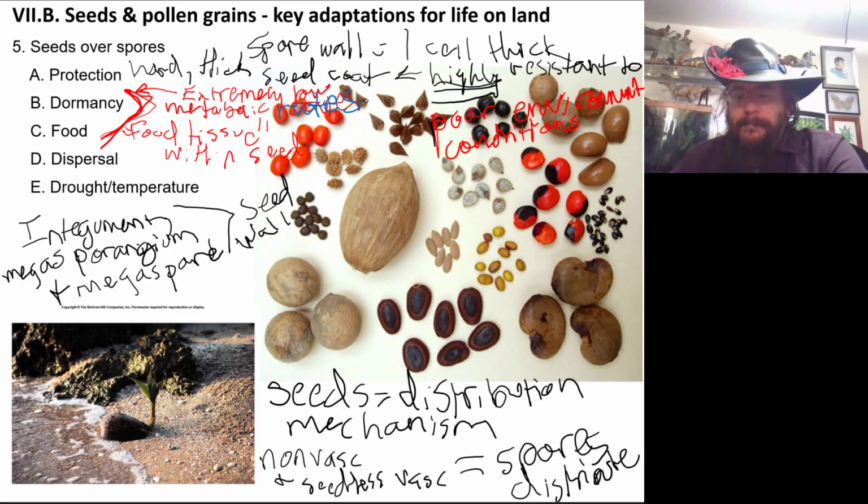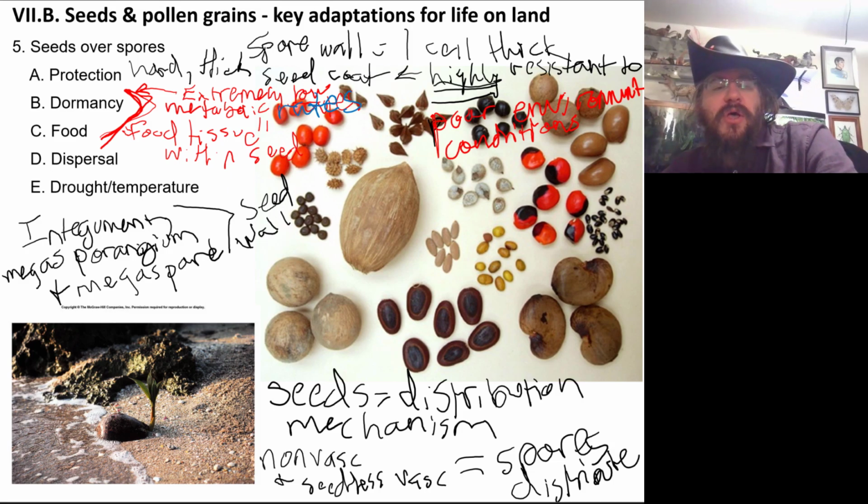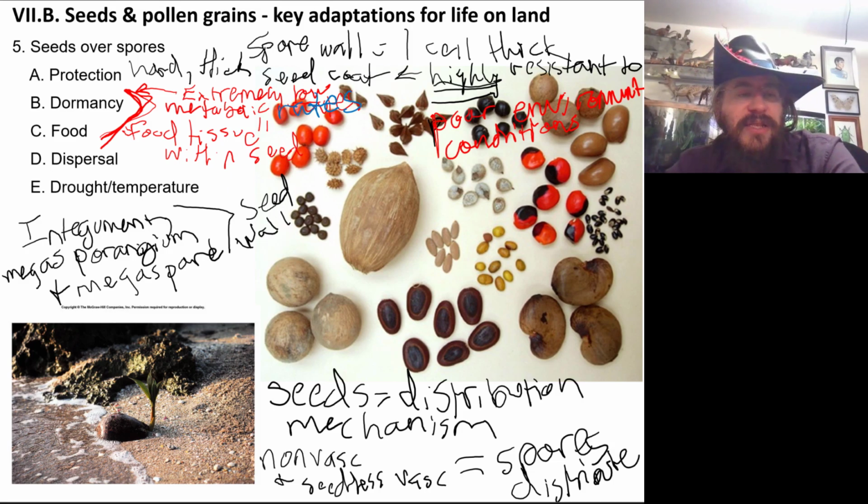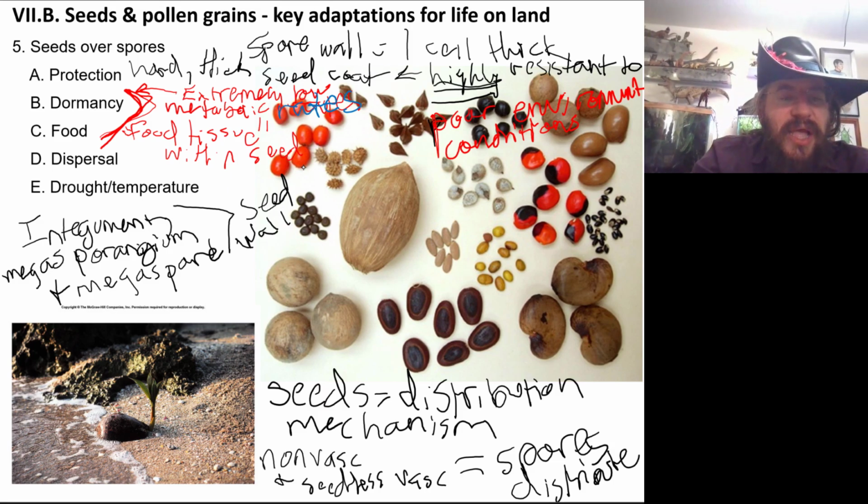All right. So these seeds are cool. Very cool. That very thick seed coat that protects them from environmental conditions, that inborn food tissue that helps supply them with nutrients, the ability to go dormant where they have extremely low to almost no metabolic rates while waiting for ideal conditions, right?